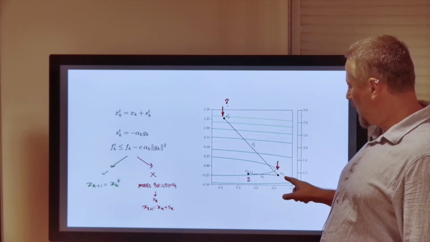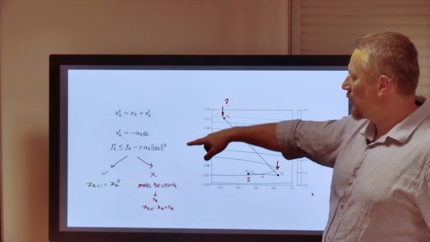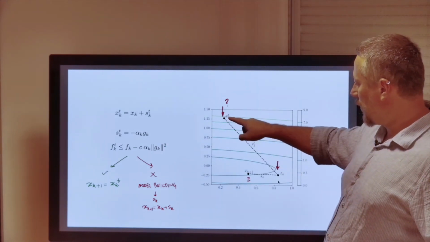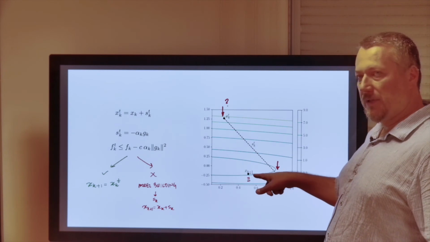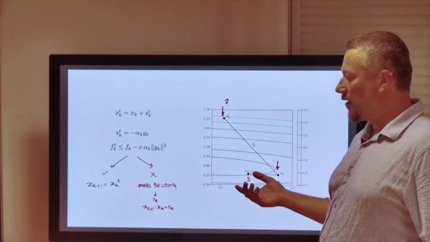It's not decreasing here because it's the starting point, and not decreasing here because we already checked the Armijo condition. So we don't want this step to be close to here or here. So we will build our model such that this is satisfied.